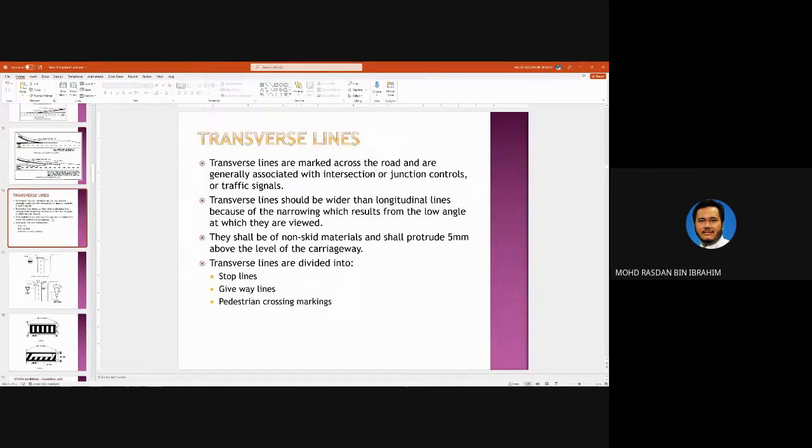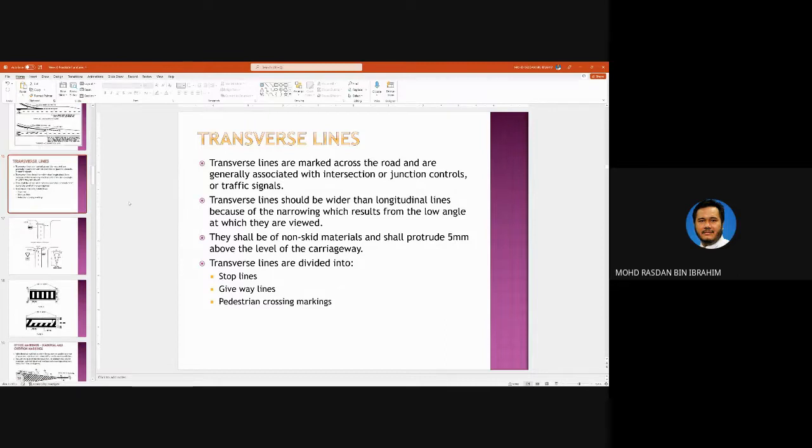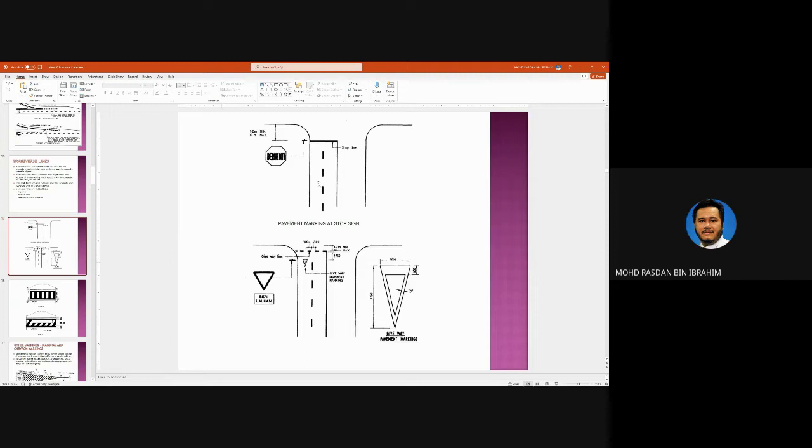And then you have transverse lines, which are across the road. It should be wider than longitudinal line because of the narrowing that results from the low angle at which they are viewed. This means that if you are driving here, at driver's height, if this line is very thin or similar thickness to the edge line, you can hardly see the line because the angle of your eye looking at the line makes it very narrow.